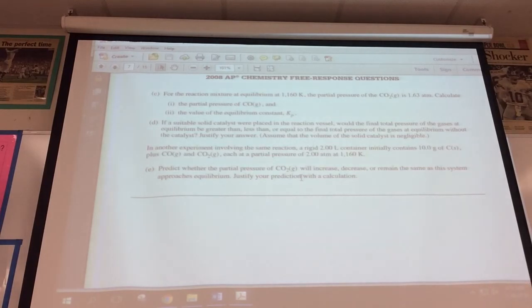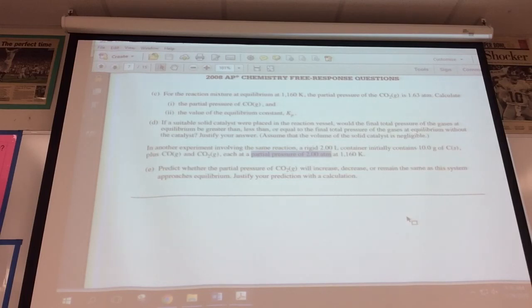It says in another experiment involving the same reaction, a rigid 2-liter container initially contains carbon plus carbon monoxide plus carbon dioxide, each at a partial pressure of 2 atmospheres. Is the information about the solid relevant? No. But there's a partial pressure of each gas at 2.